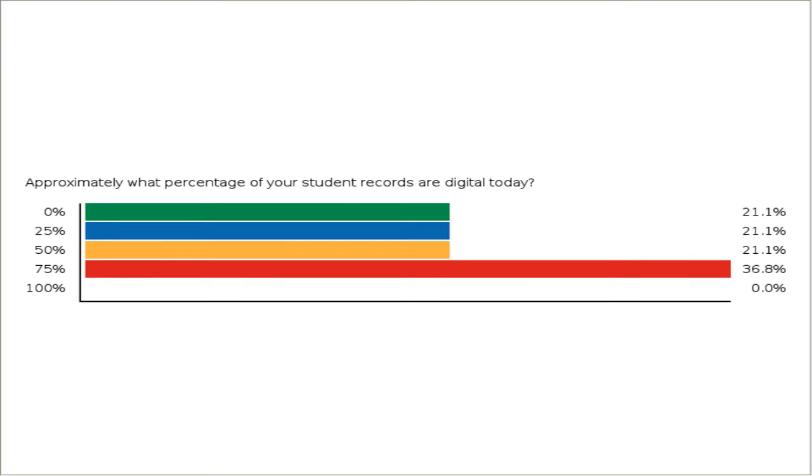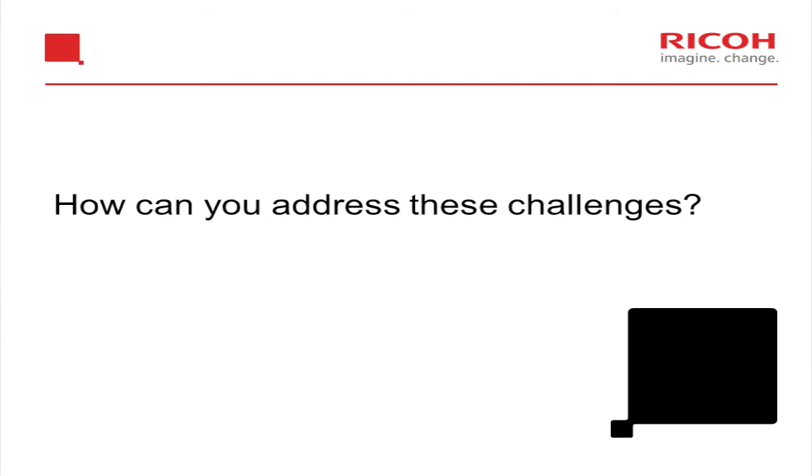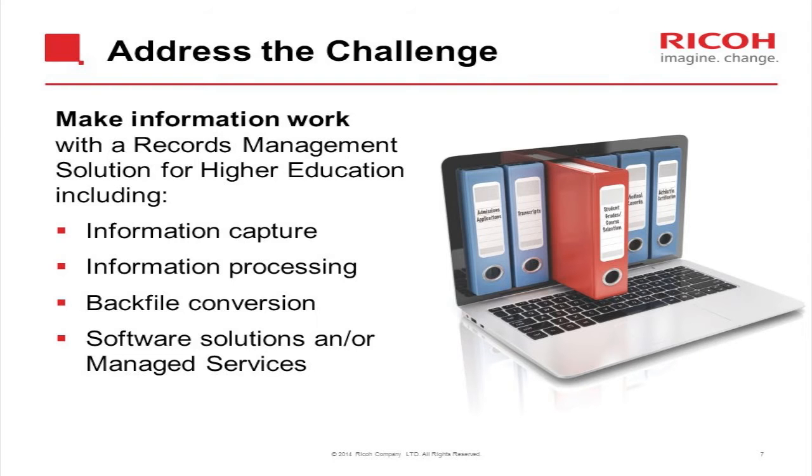So it seems that everyone can identify a gap in their digitization strategy. Let's talk about how you can address these challenges. A records management solution can help your college or university address these challenges through the digitization of student records. An effective records management solution should be specifically designed for higher education.